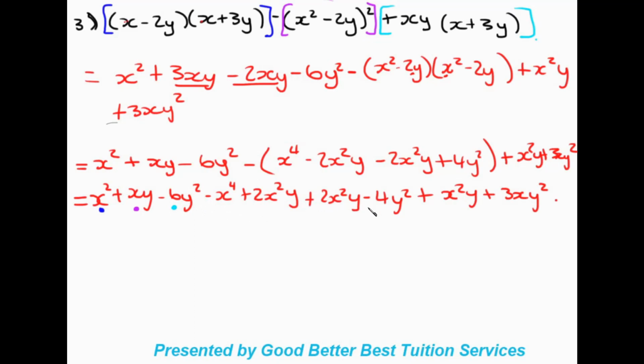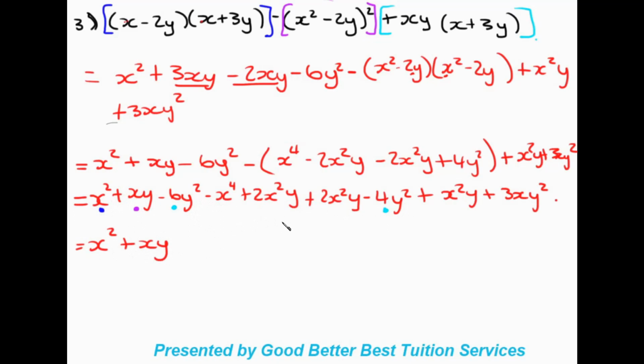Any other y squareds, we see here that we do have a y squared in negative 4y squared, right? So what we'll do is we'll start by writing out what we know so far. We know that there's nothing to add to the x squared, so we write the x squared. There's nothing to add to the xy, so we write plus xy.